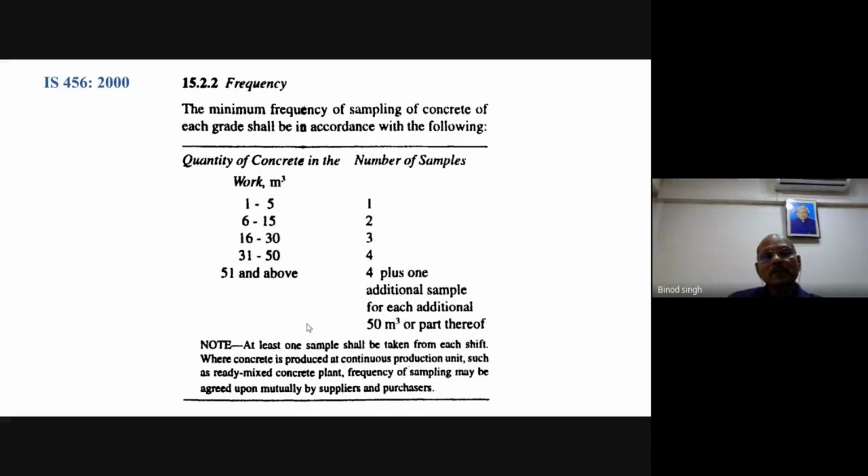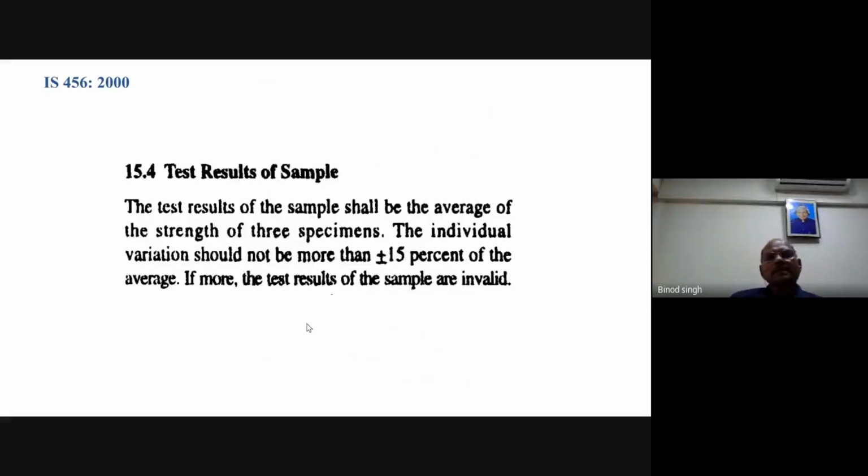But suppose you are using a large volume of concrete, 51 and above, then 4 plus 1 additional sample for each additional 50 cubic meter of concrete. The test result of a sample shall be the average of the strength of 3 specimens.